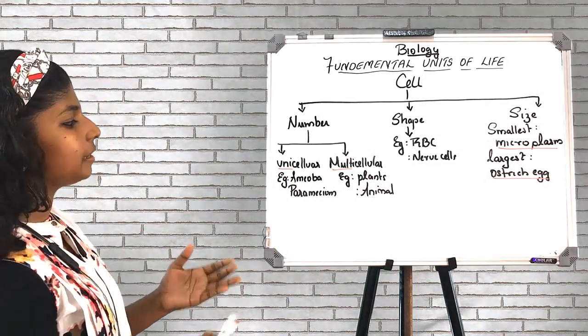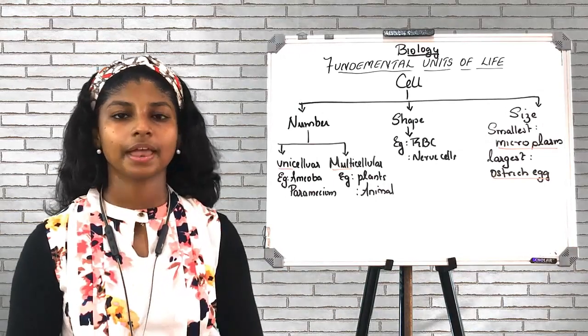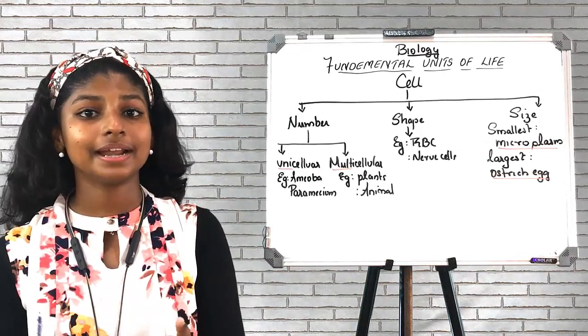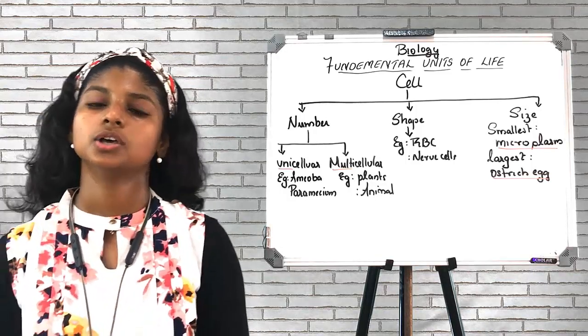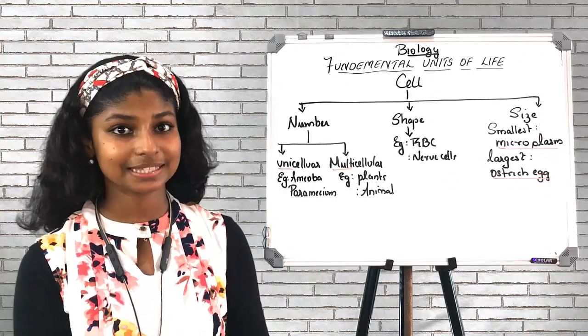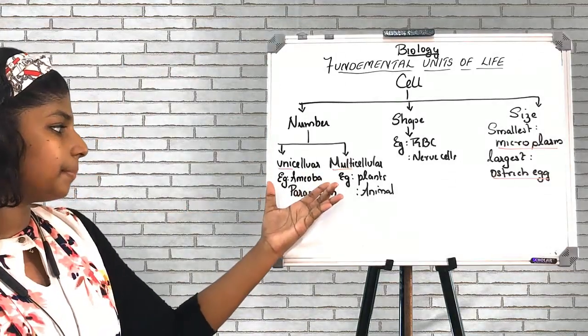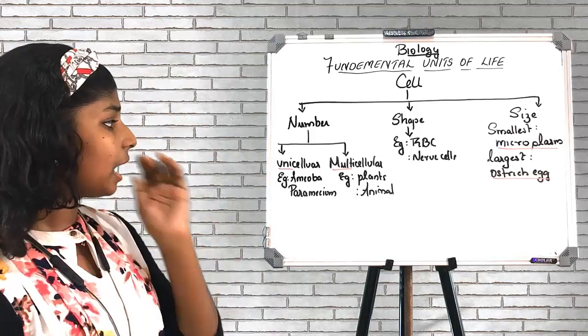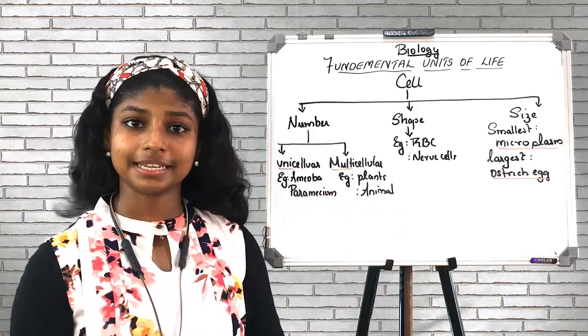Unicellular means one cell, and examples are amoeba and paramecium.